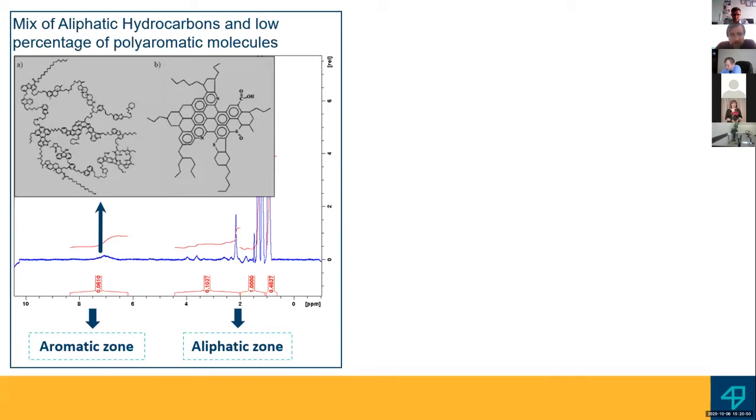And this is, as you can see, a very low peak in the NMR spectra.